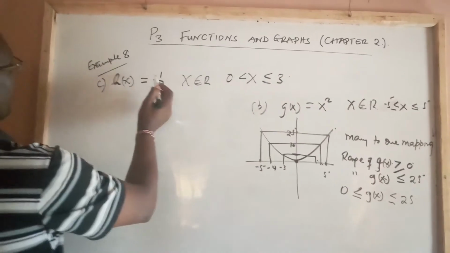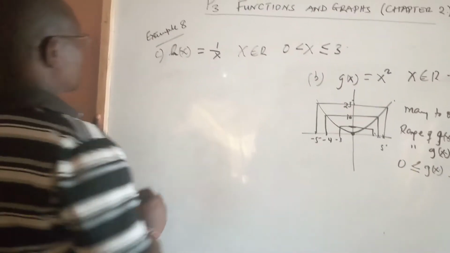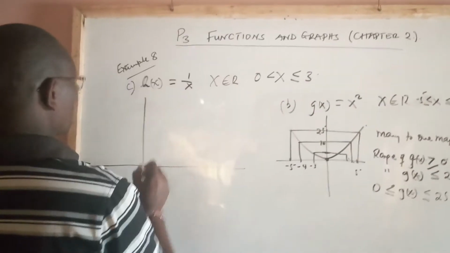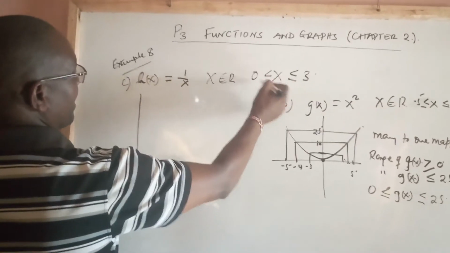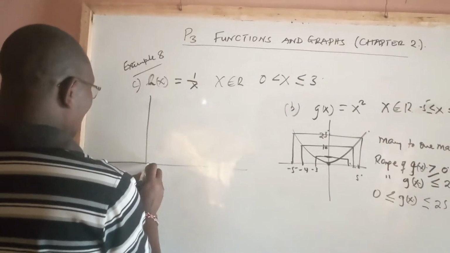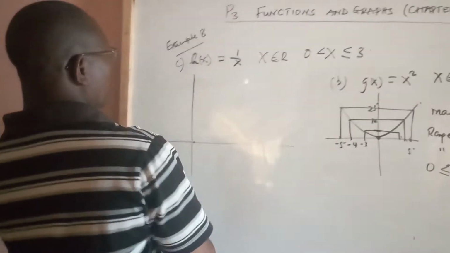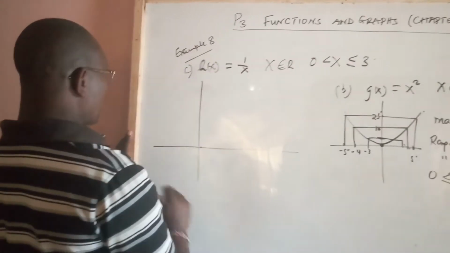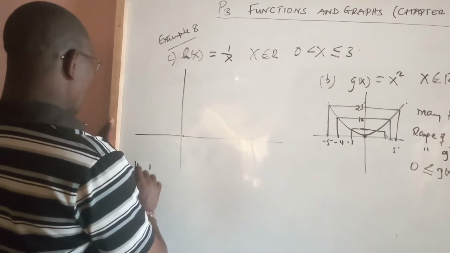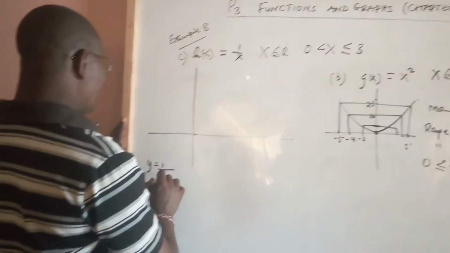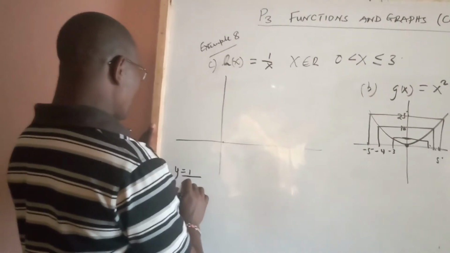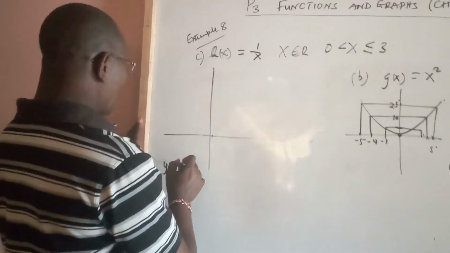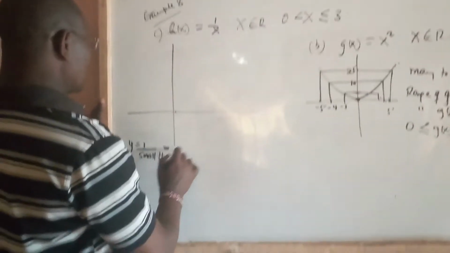So when we are having 1 over x, this one is asymptotic, and we are going to have x is greater than 0, so it is not equal to 0. Please note, x is not equal to 0, so it's slightly greater than 0, and of course it's supposed to be a very small value of x, and y is supposed to be 1 over a very small number, then we are talking about 1 divided by a very small number, which is a very big number.